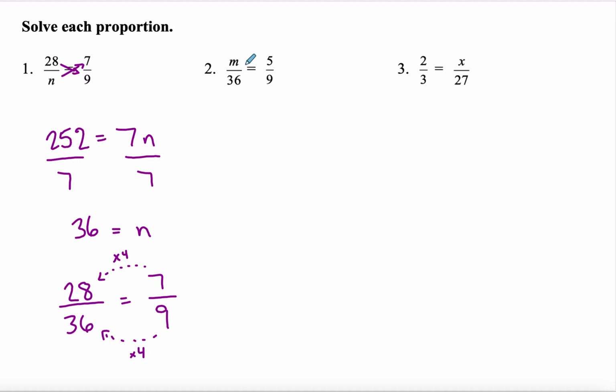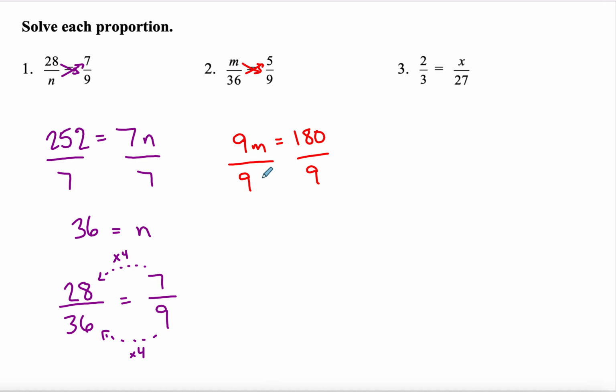Number 2, maybe you can pause this and try it on your own. Cross multiply, right? This time m times 9, that's just 9m, equals 36 times 5, or 180. Again, divide both sides by the number attached to the variable.